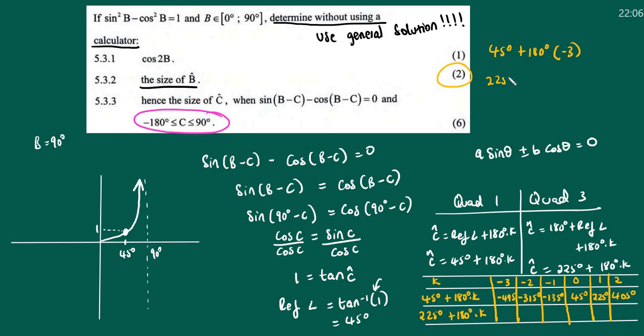You say 225 degrees plus 180 degrees into k. That's why we always say k is an element of integers, because we use negative integers and positive integers to get the angles. So you say 225 plus 180 into negative 3, you get negative 315. Then you put negative 2, you get negative 135.